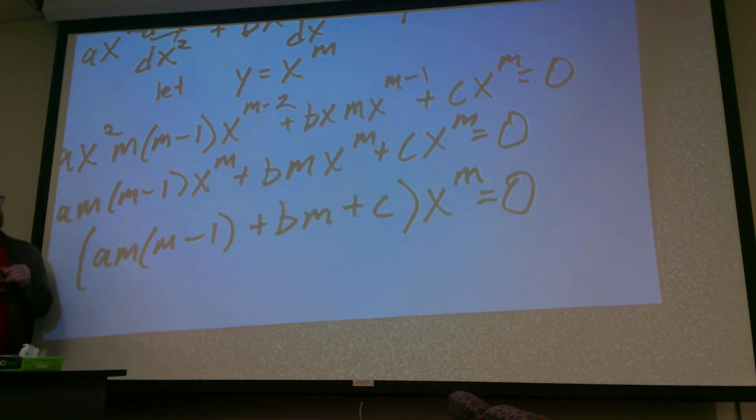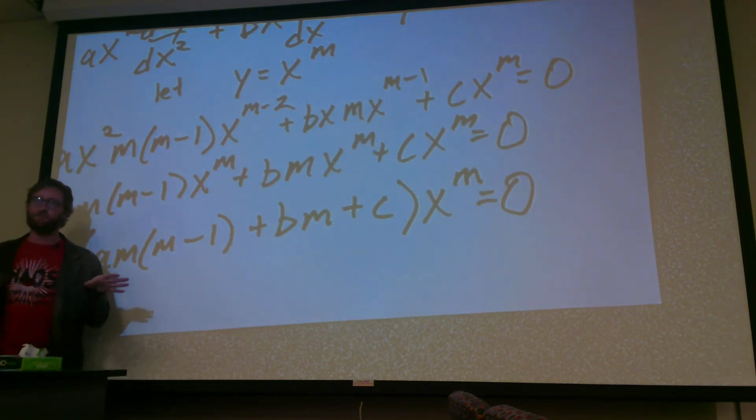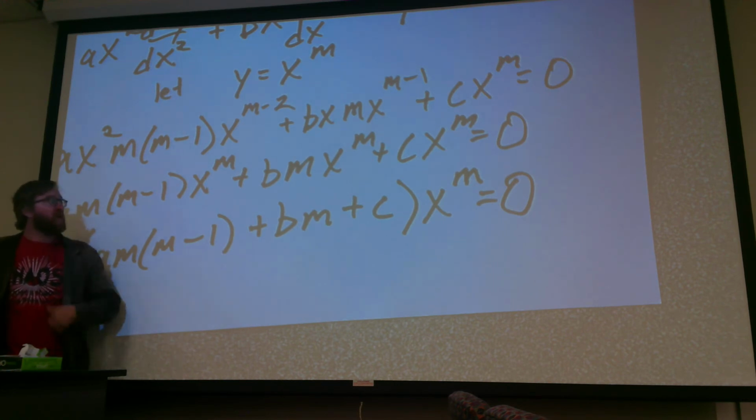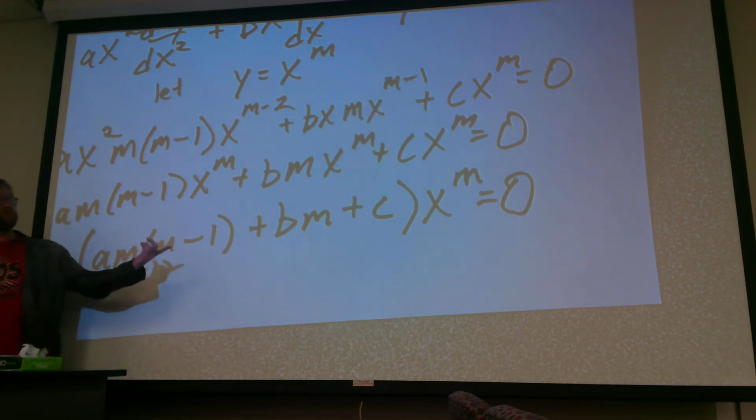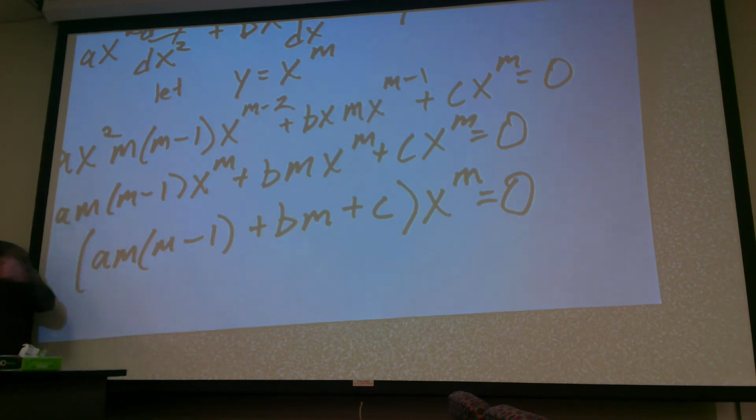Now, we don't care about the x to the m portion of this problem. You could say we could divide by x to the m. Some people would question, well, what if it's 0? Well, I don't care if it's 0. We're not interested in that portion of the problem. We're interested in this portion right here.